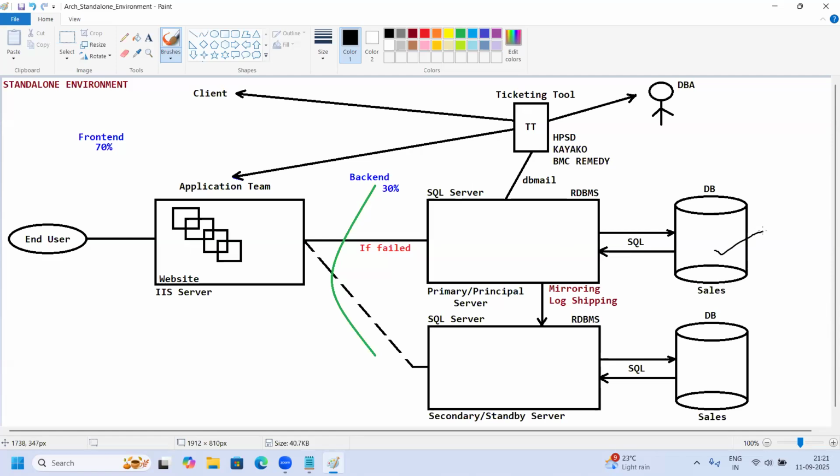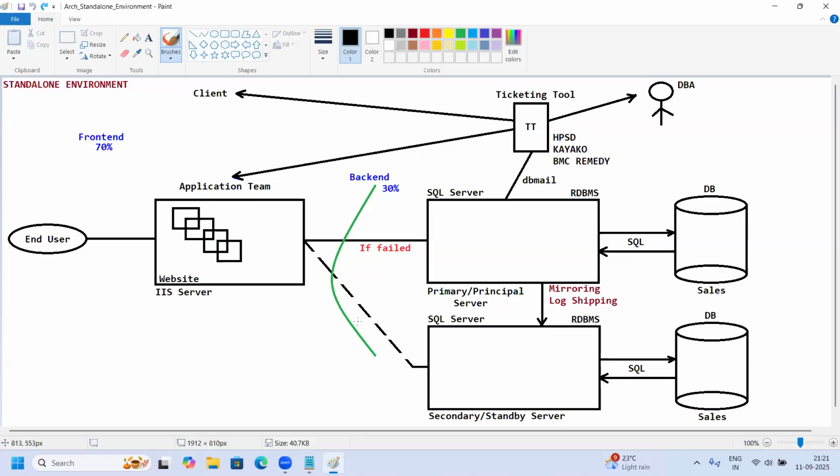Now assume that this end user is placing orders for products. The first product was successful, the second was successful, the third was successful, and all the ordering information is recorded in the database. Imagine he tries to make an order and four or five times it was successful.